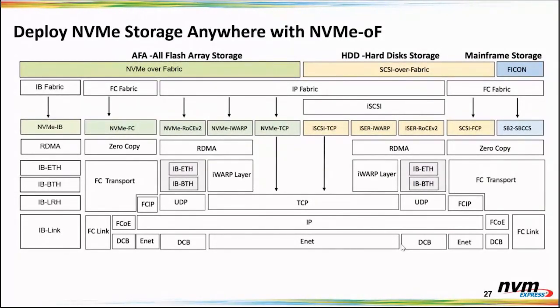That's mapped with iSCSI if you go in the transport, or with iSER. At that point, there could be SRP also mapped into InfiniBand. And when NVMe came along to make flash performance latency lower, the NVMe over Fabric protocol was mapped into InfiniBand, Fiber Channel, RoCE, iWARP, and TCP.